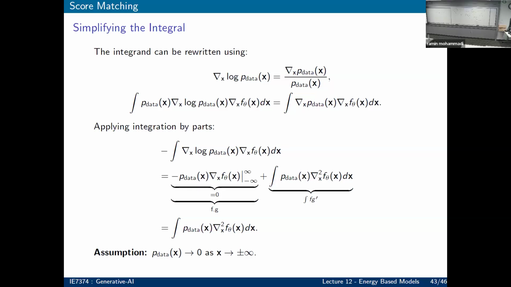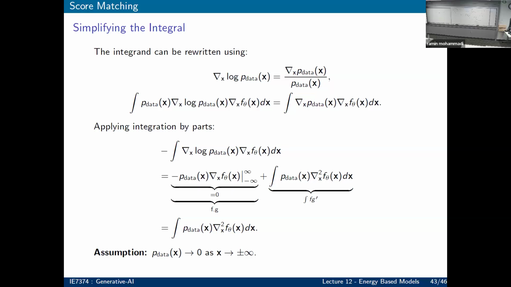It's not converted to log. Oh, I see. So this should be a typo then. There's no log here. Yeah, that term should be negative. I see what you're saying. There's no log behind p of data, so it doesn't exist here either.